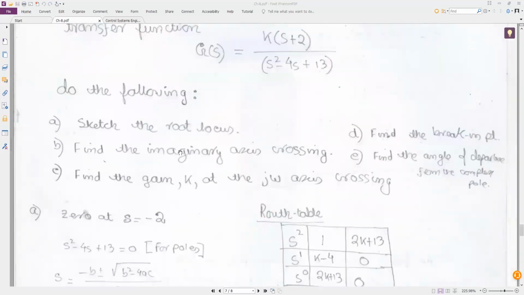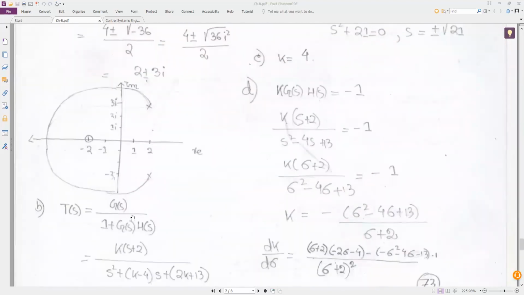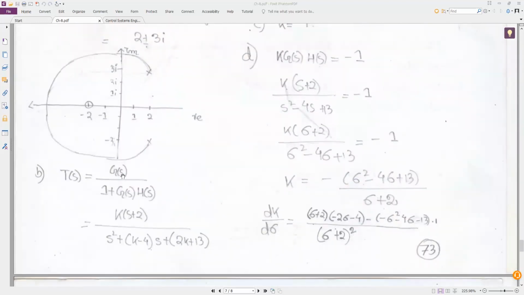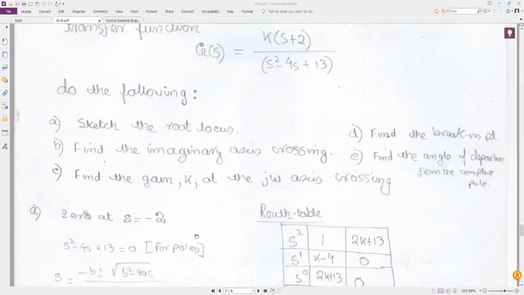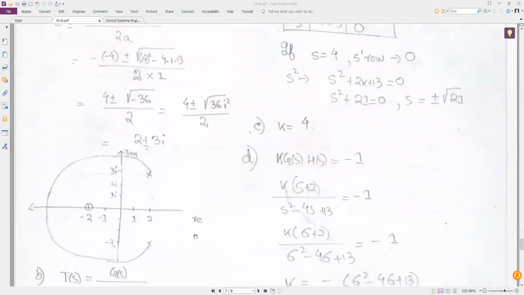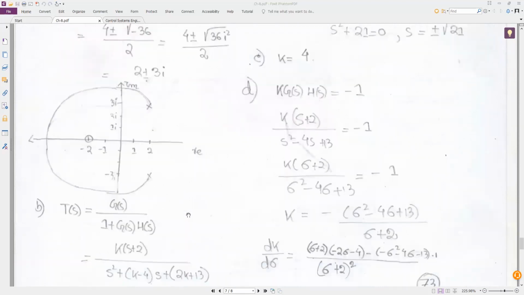Second question, find the imaginary axis crossing. For the imaginary axis crossing, consider this one. We know that the closed loop transfer function is GS divided by 1 plus GS times HS. The values are given here from the equation: K into GS is K into S plus 2, and 1 plus GS.